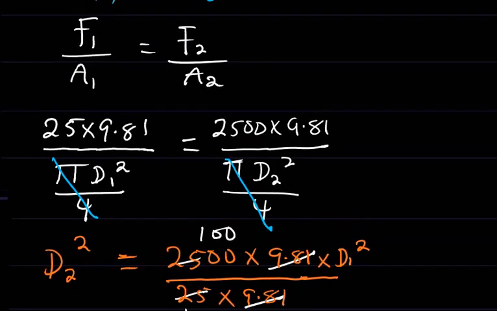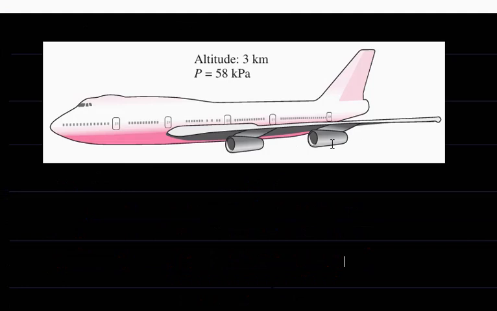Alright, so let's proceed. Now this is a diagram. In this question, there is an aircraft flying at an altitude of 3 kilometers, soaring through air, and the absolute pressure measured at that altitude is equal to 58 kilopascal.